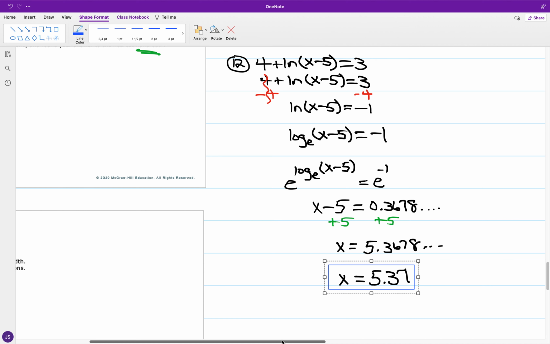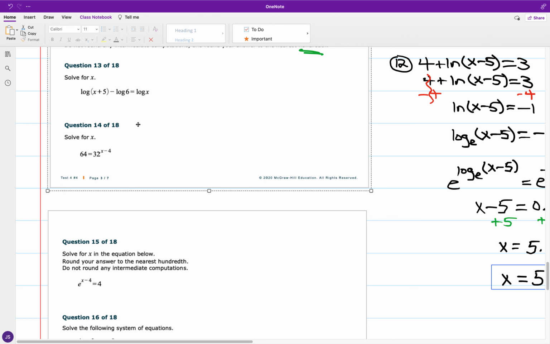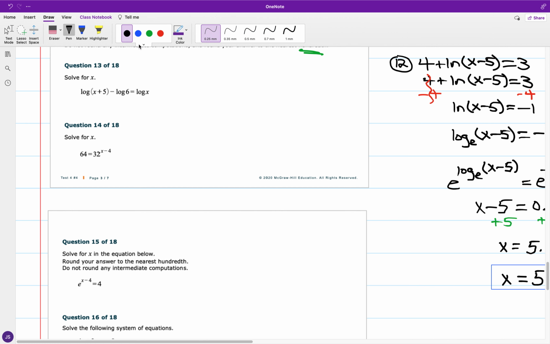Now, working with logarithmic equations once again, for number 13 we're looking at the base 10 logarithm of the quantity of x plus 5 minus the base 10 logarithm of 6 is equal to the base 10 logarithm of x. Okay, so here we have a difference of logarithms.